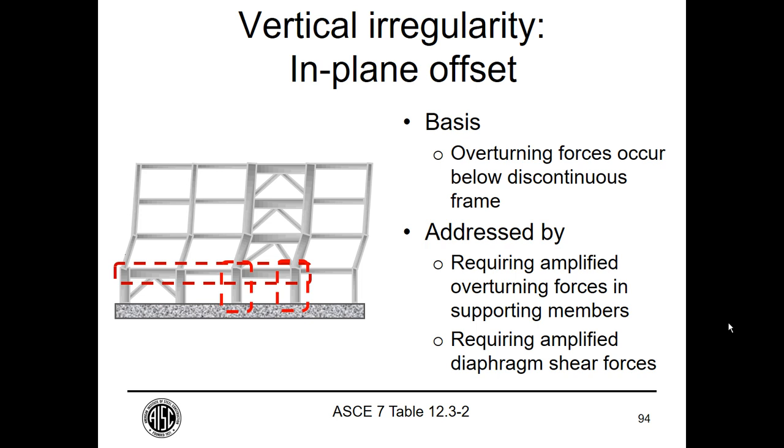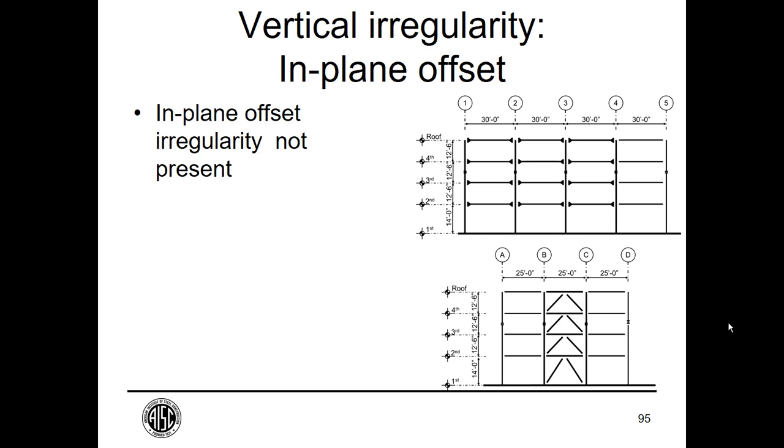Very similar to the out-of-plane offset, but this one is in plane, and so it's considered a vertical irregularity rather than a horizontal irregularity. But clearly you could see the similarity to the out-of-plane offset. The only difference is this is load in a strut or a collector rather than shear load in the diaphragm. And we don't have any of those offsets.